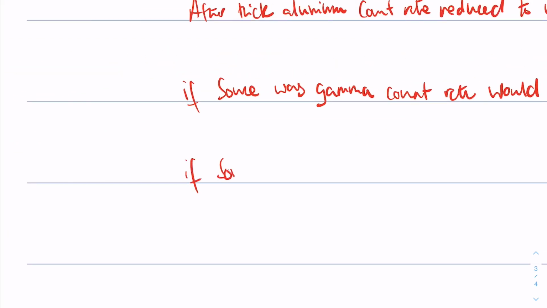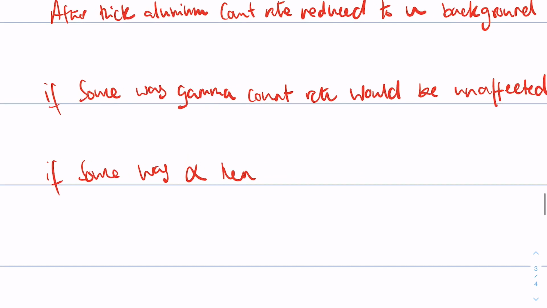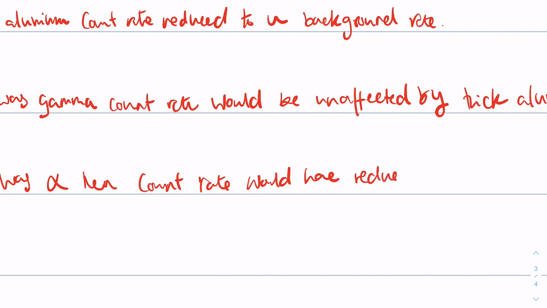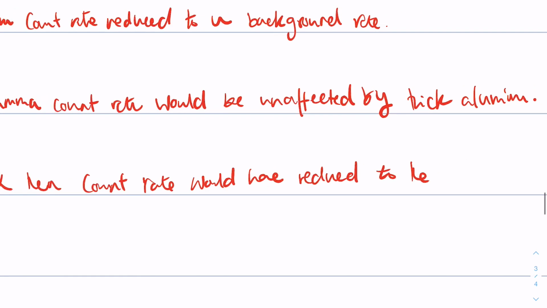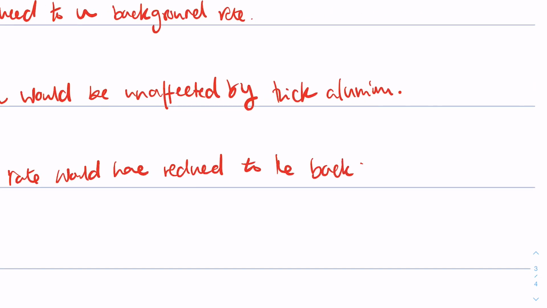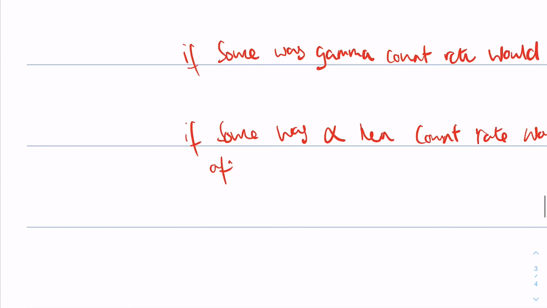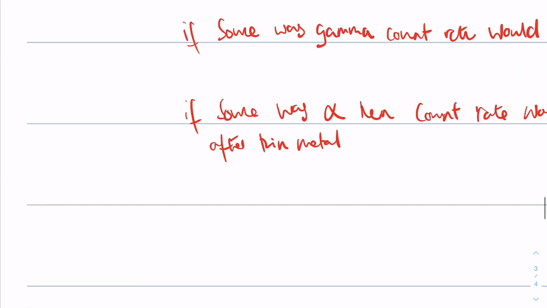If source was alpha, then count rate would have reduced to the background rate after thin metal, because alpha can't get through that.